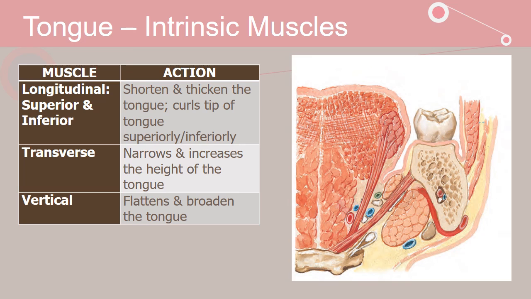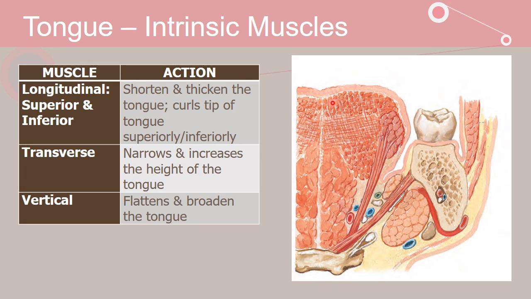The second group of muscles is the intrinsic muscles. Intrinsic muscles are the ones responsible for changing the shape of the tongue. Okay? So we also have four types. The longitudinal muscles.